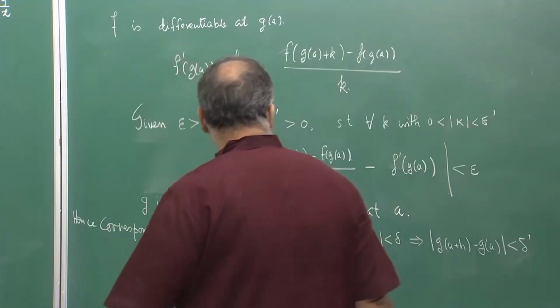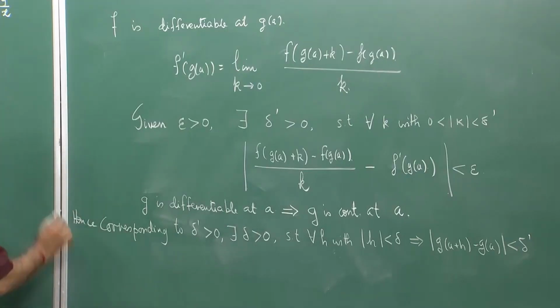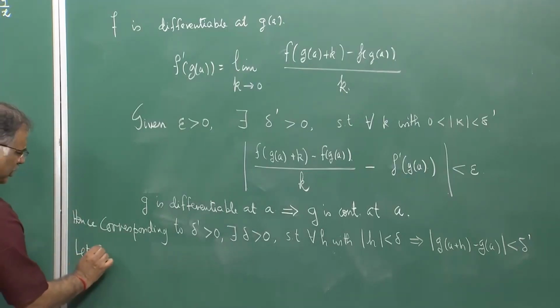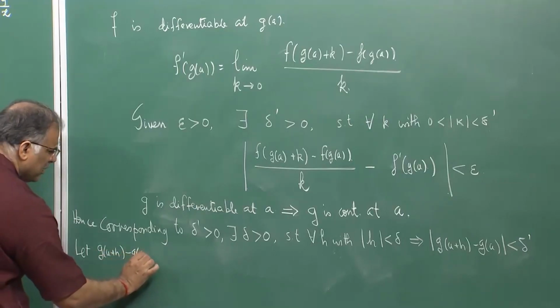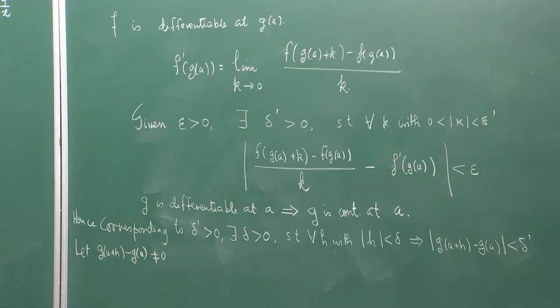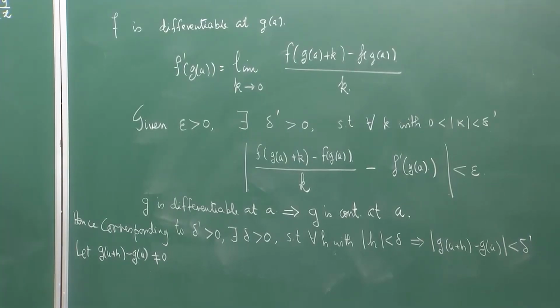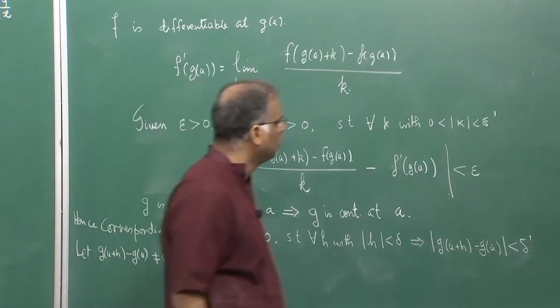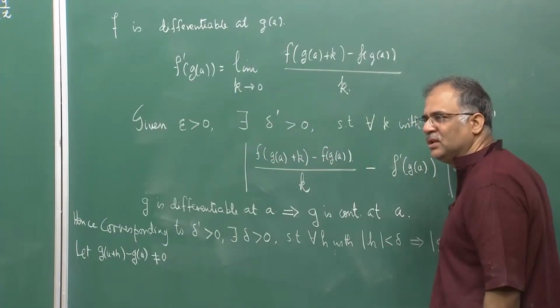Okay. Now, assume that G of A plus H minus G of A is not equal to 0. Sorry, there can be equality there, 0 less than or equal to mod k, because here also the same thing can happen. No, this is the definition of the limit.